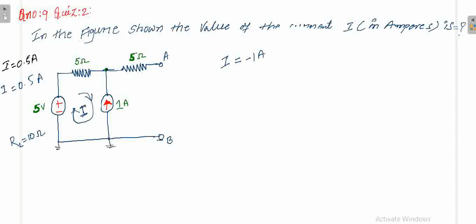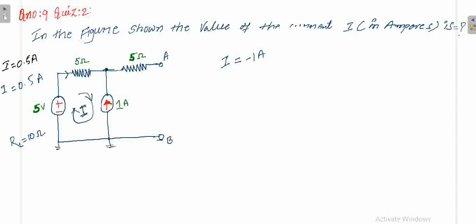We have assumed the current flowing in this 5 ohms branch is in this direction. But the value we got is I equal to minus 1 ampere.